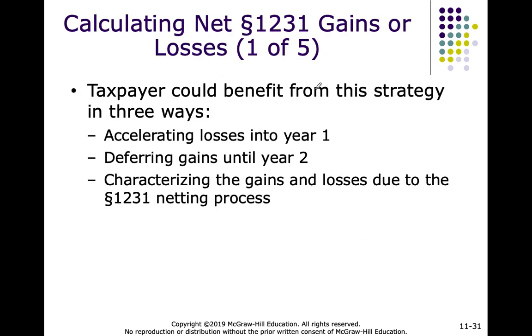And then here we're just talking about netting our gains and losses, which we demonstrated, I think, in previous slides when we had the machinery, and we had the truck, and we had the warehouse, and how it will all be compiled and summarized. So remember IRS Form 4797.